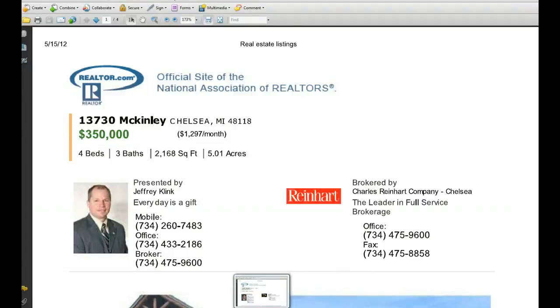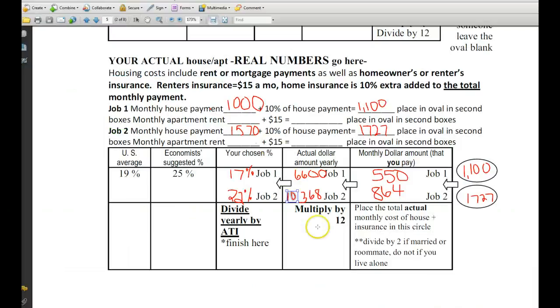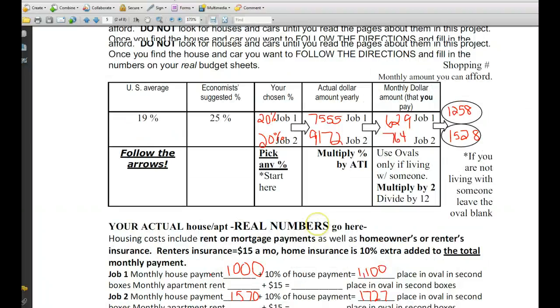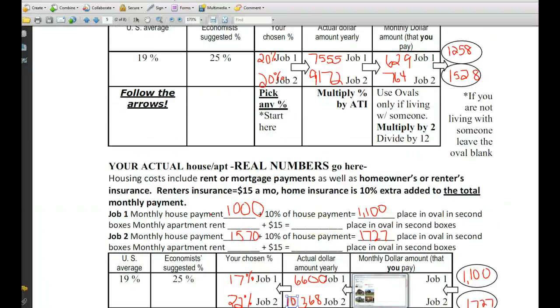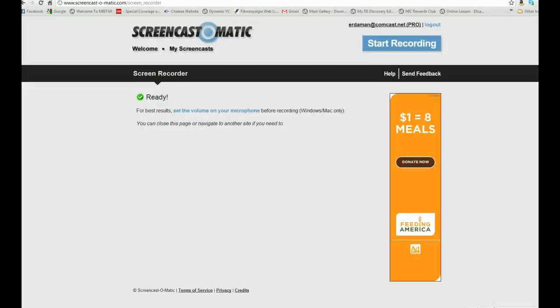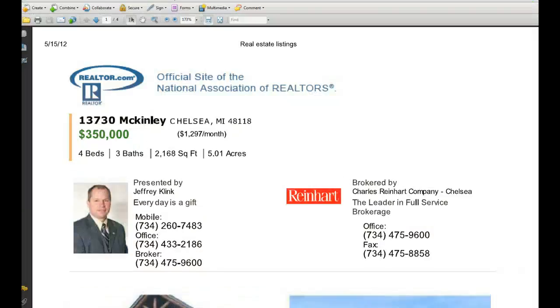So if we go back to the budget example, we are done. We have printed both houses, job 1 house and job 2 house. Now again, this one is $1,297, because you could even just highlight that and use that number.